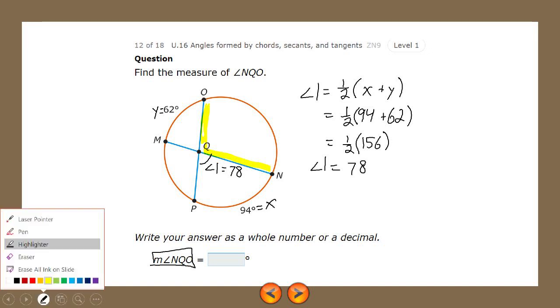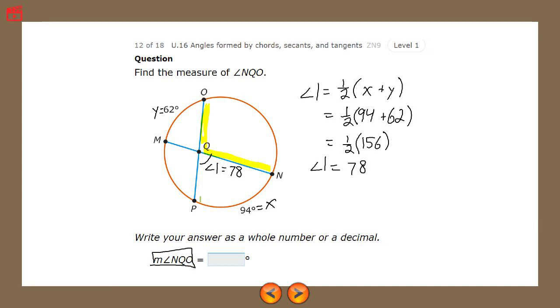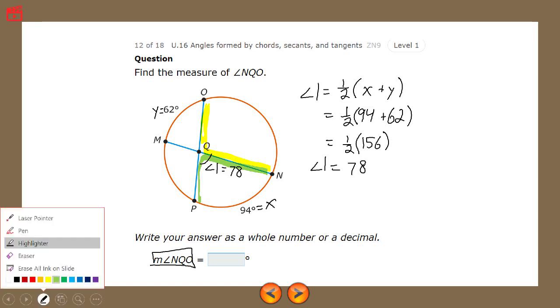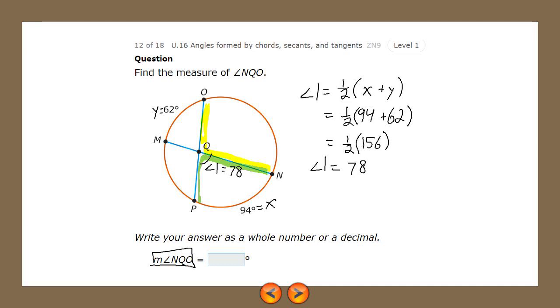Luckily, we just need to remember that these two angles make a straight line. They make 180 degrees. To get NQO, we're just going to do 180 minus 78. If we want the angle up here, we're going to do 180 minus 78. We'll get 102.